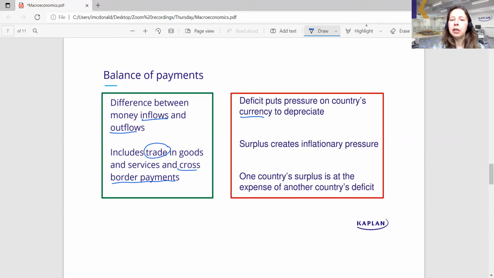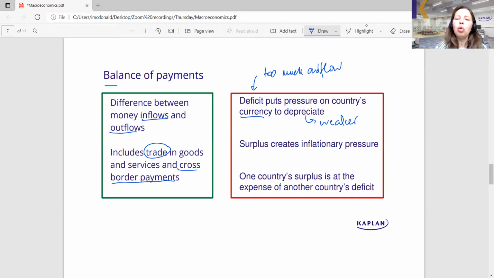So if we have a deficit, and that means we have too much outflow, the money is leaving the country, that shows us that, for example, companies or individuals no longer believe that this country is a good place for investment, and therefore the currency of this country will suffer, it will depreciate, it will become weaker in relation to international currencies, and therefore that country might struggle to purchase goods from abroad. Its currency is no longer worth as much compared to others.